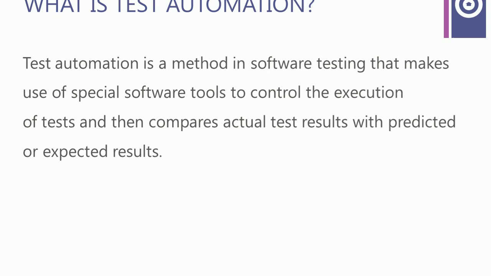What we're trying to do here is automate a manual process without the need for any human interaction, and then compare actual test results with predicted or expected results. That's where you'll get a pass and fail and your reports will get built, depending on what the expected results are. I hope that gives you a little bit of background if you weren't already familiar, which I'm sure a lot of people are.